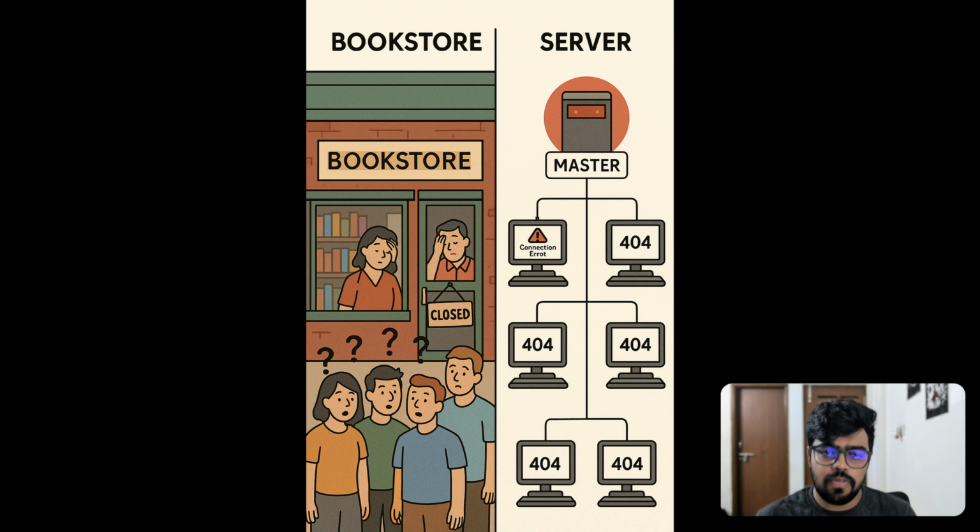Customers are not able to find books. They eventually leave your bookstore unhappily. Similarly, in a traditional file system, if the central server crashes, the whole system can go down, leading to downtime or even data loss.